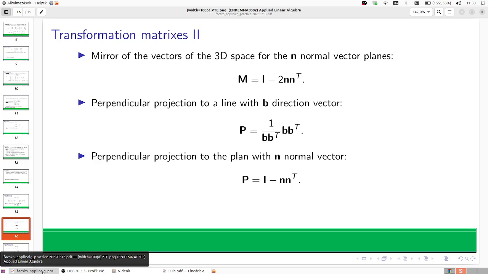You have the formula. That's an identity matrix. Everywhere else everything is 0, minus 2. And this is good.